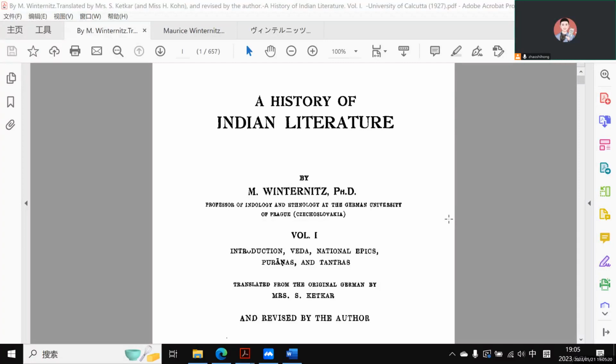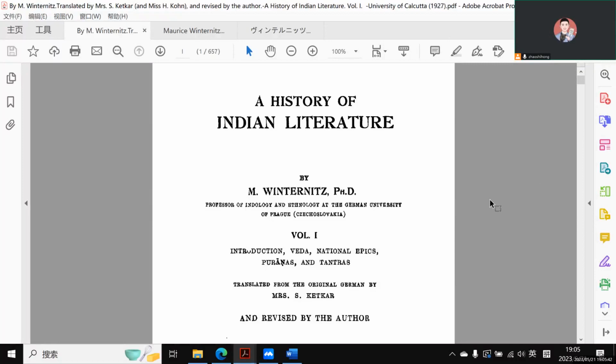That means India here refers to a much larger geographical unit in comparison to the modern Republic of India. At this point, I hope everybody will remember.